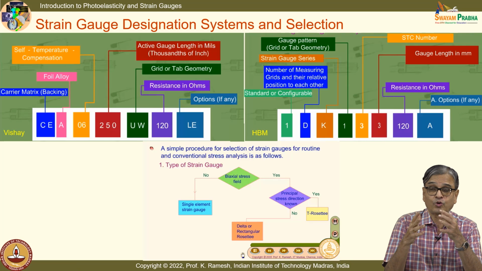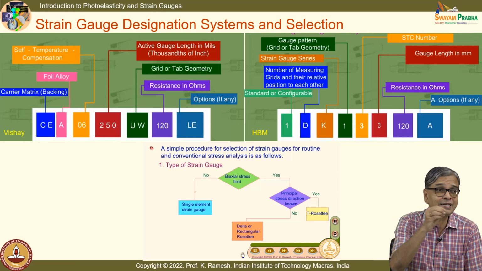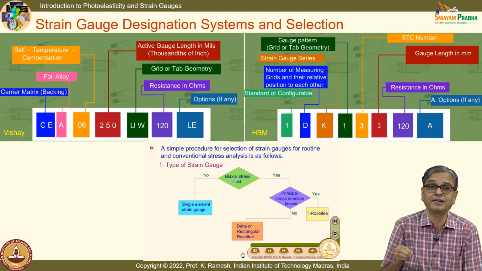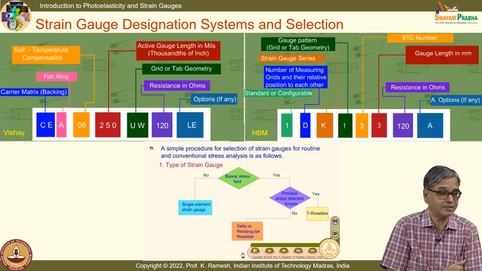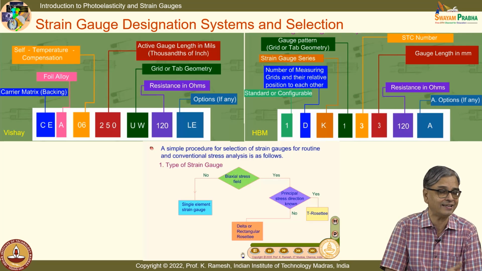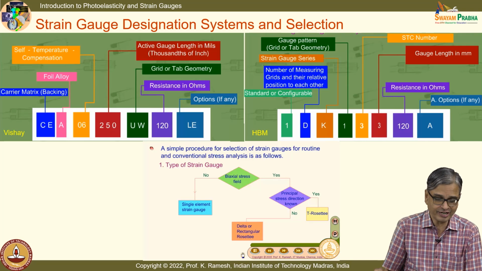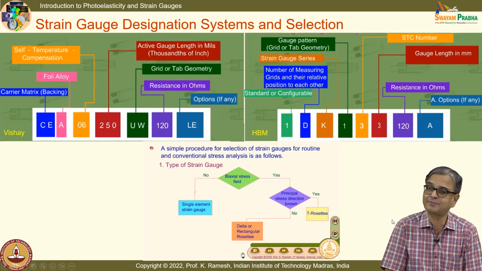Because when you go to a point by point technique, how many points I make the measurement is going to decide my design of the component once I get the measurement. I have a limitation in how many points or channels I can handle. If I have 3 strain gauges, it occupies 3 channels. If it is 2 strain gauges, it occupies 2 channels of my measurement system.